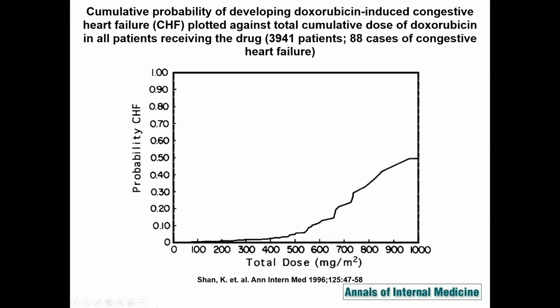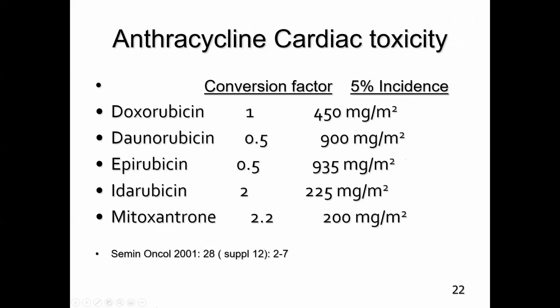And this was really for a bolus, a short infusion, which is important to keep in mind that the cardiac toxicity is related to the concentration, so that is really related to the infusion time. So shorter infusions, higher concentrations, more toxicity. And if you really look at this, it's around 400, 450, where you see the significant increase in the probability of CHF.